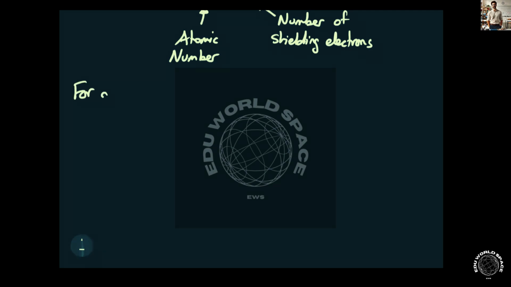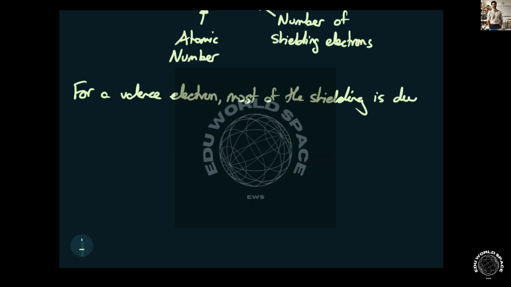For a valence electron, most of the shielding is due to core electrons which are very close to the nucleus.